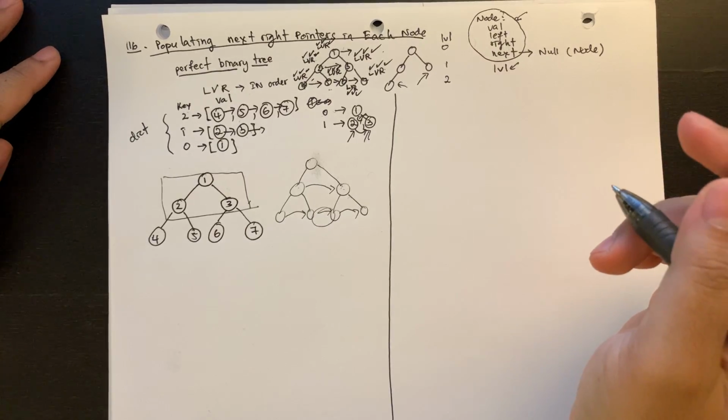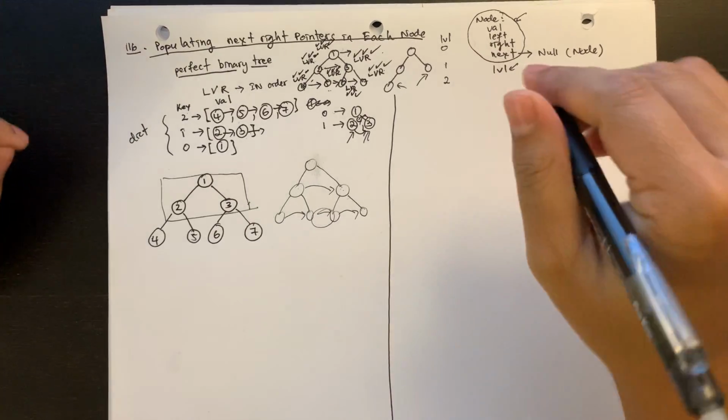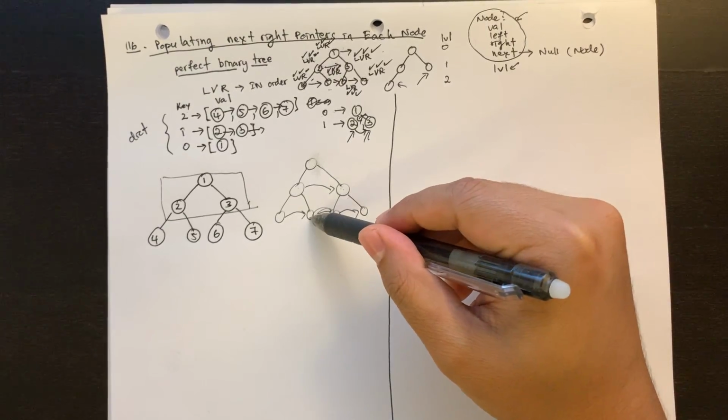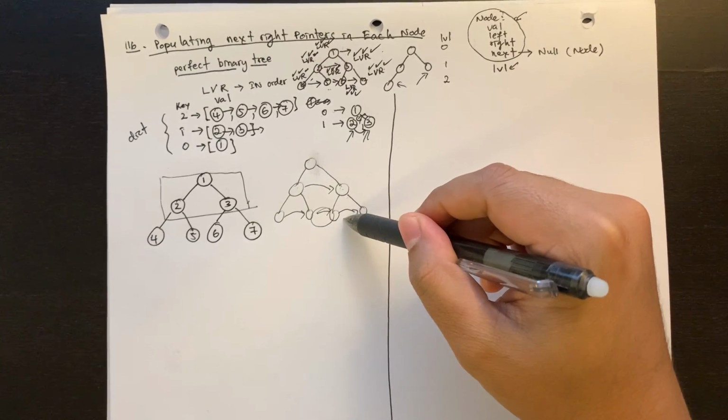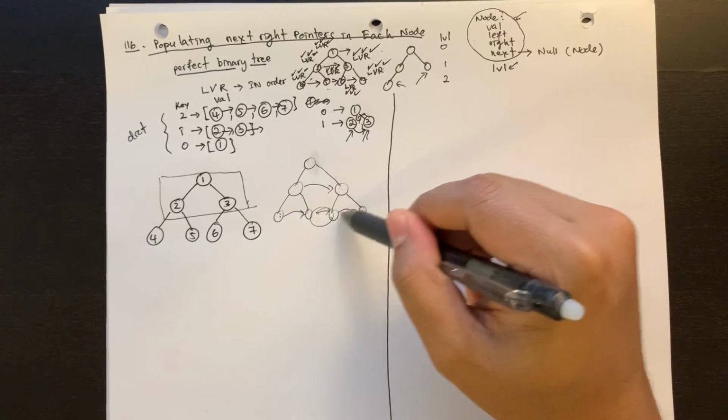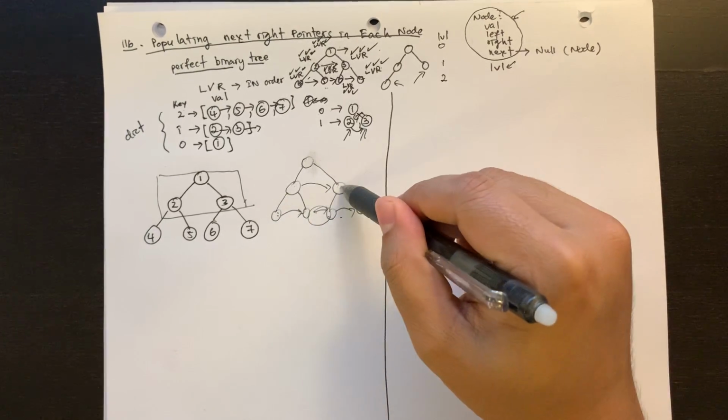Okay, I'm a little bit tripped up. Let's see. So yeah, I have a problem connecting this. With recursion, I'm able to connect this with this, this with this, this with this.